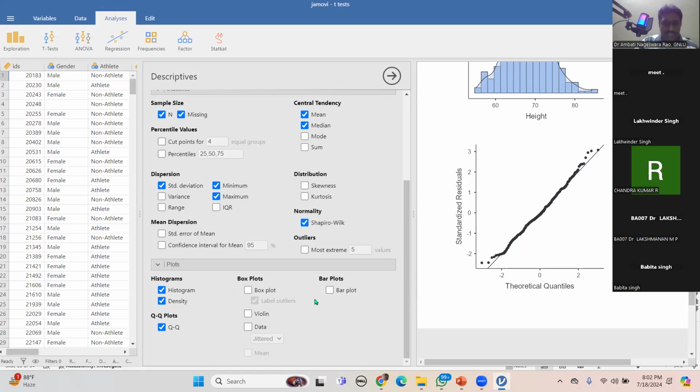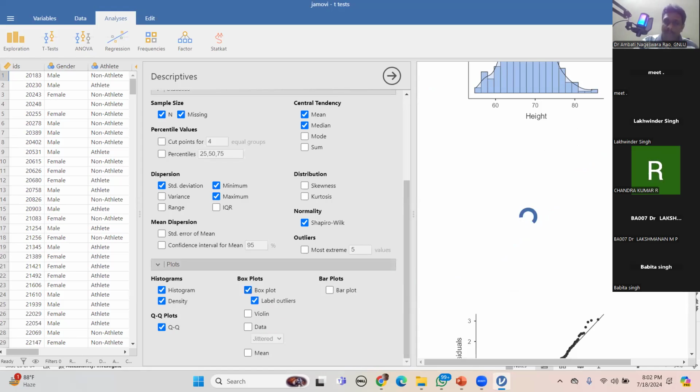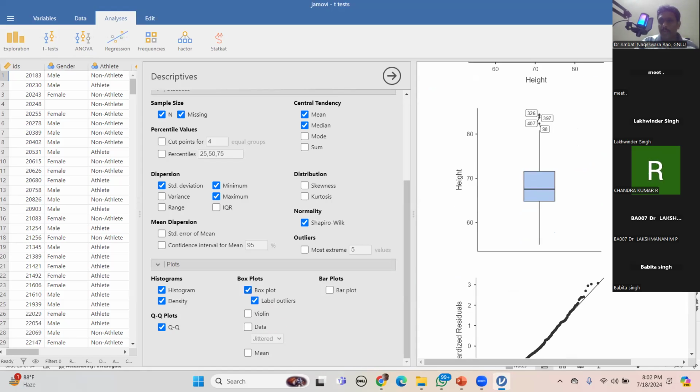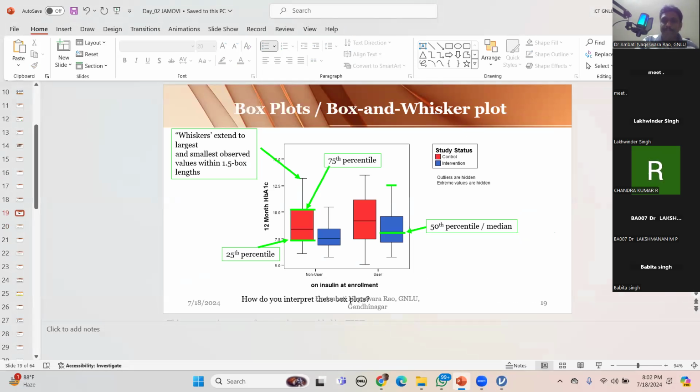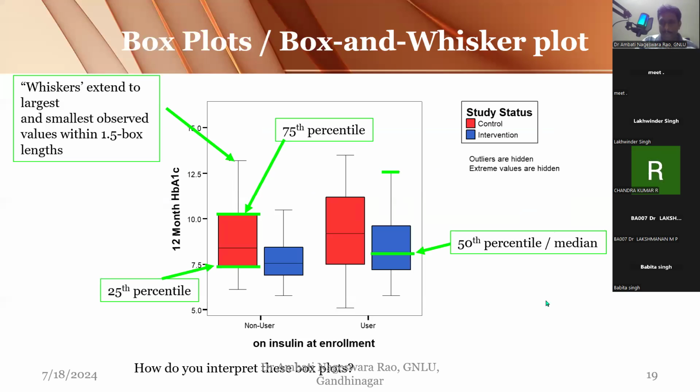Second, I can also prepare a box plot. Now, coming to the box plot, please look at my PPT here. Even yesterday I mentioned it. In a box plot, we have the first quartile, second quartile, and third quartile.